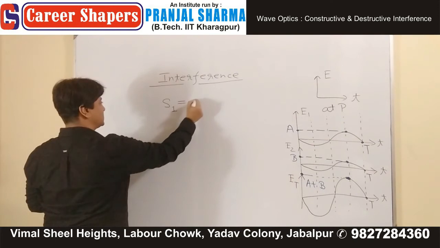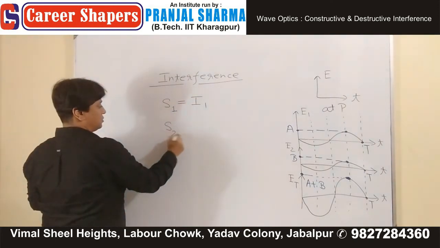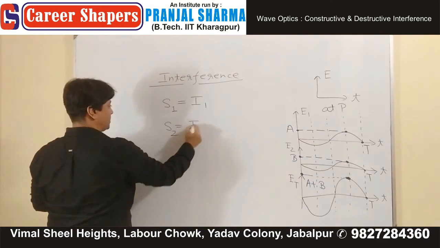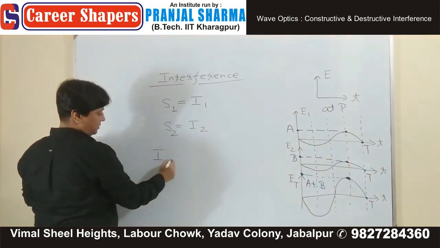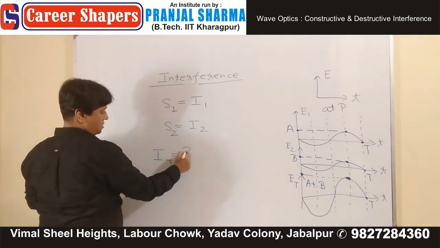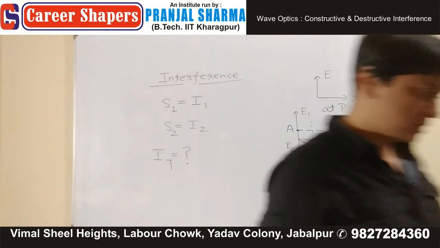Source 1, its intensity is I1. Source 2, its intensity is I2. I'm looking for I total. Let's see who can answer this.